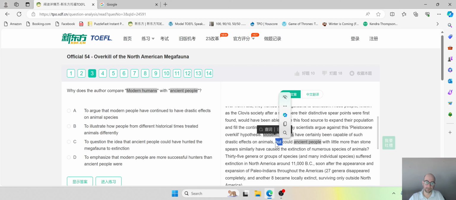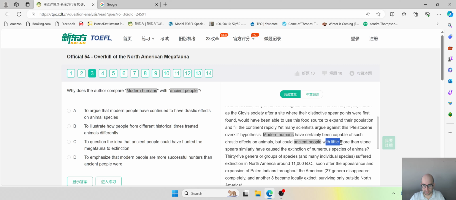Now here, you want to be careful with transition words when you're dealing with rhetorical purpose questions. But, so something's changing here, guys. There's a contrast word here. But could ancient people, so ancient people are not modern people, not modern humans, right? These are the people who lived thousands and millions of years ago.